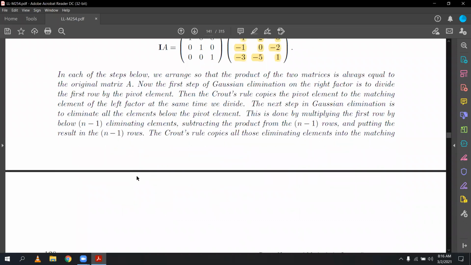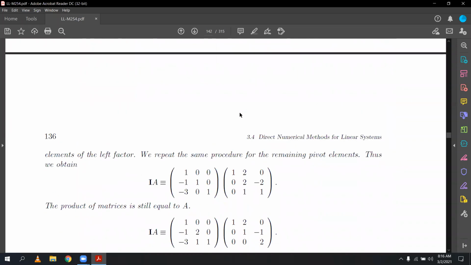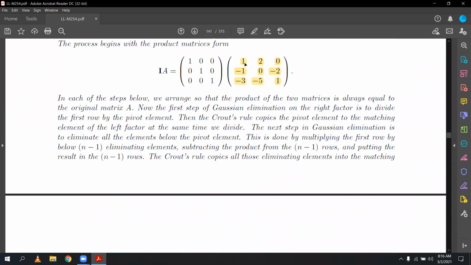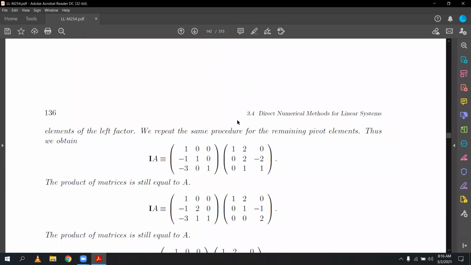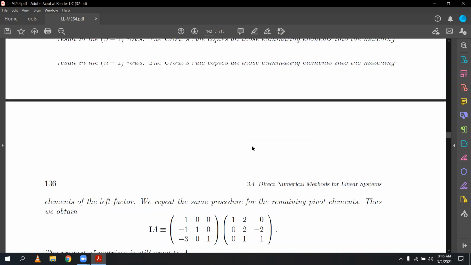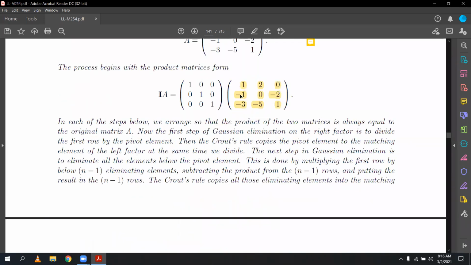Let me do the example now. We have 1, which is already 1, no need to do anything. So our job is to make this one and this one equal to 0. So we put -1 and -3 here, and then we do the operation, because to convert this one into 0, how can you do it? You multiply the first row by -1, subtract here.